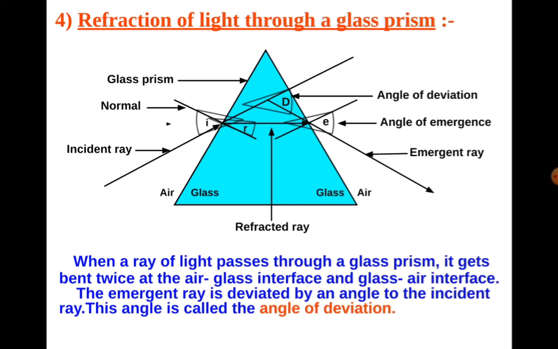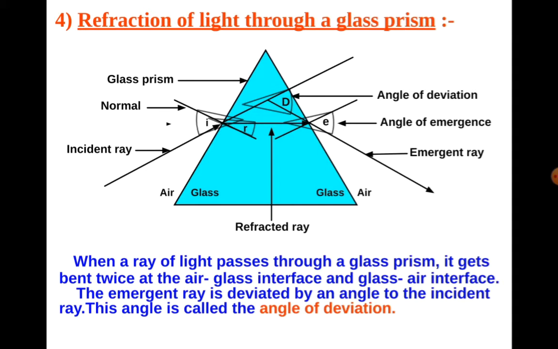Why does this happen? This happens because of the two parallel refractive surfaces of the glass slab. Because it is rectangular, the refractive surfaces are always parallel.